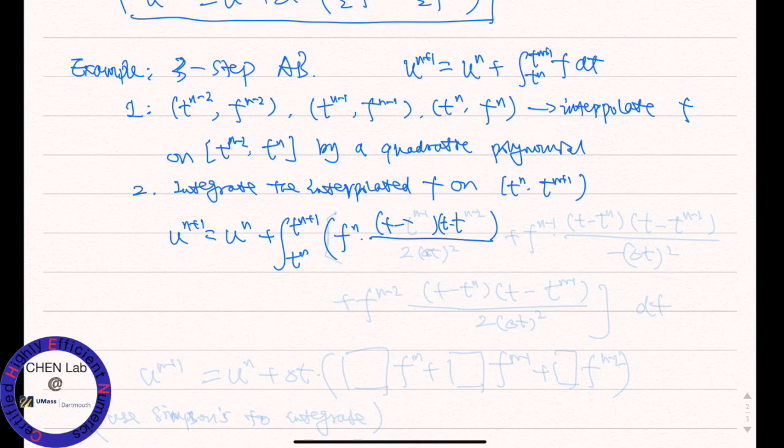Starting with this one, divided by the characteristic polynomial for that point. You plug in the one you skip, which gives 2 delta t squared. Plus Fn minus 1 times (t minus tn) times (t minus tn minus 2).